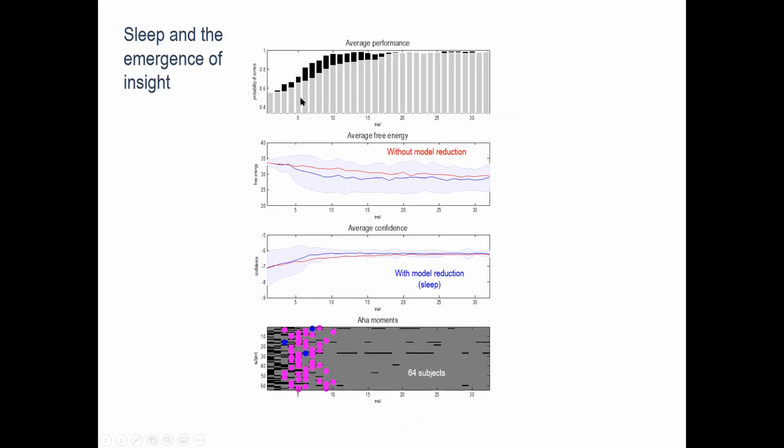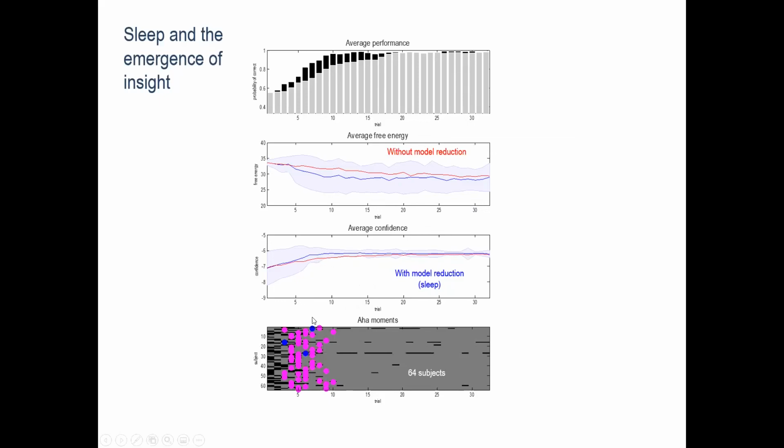There were 64 agents run with and without having a little sleep in between the trials to do the structure learning, showing on average an improvement in performance and a decrease in the average free energy and an increase in blue here of the confidence.